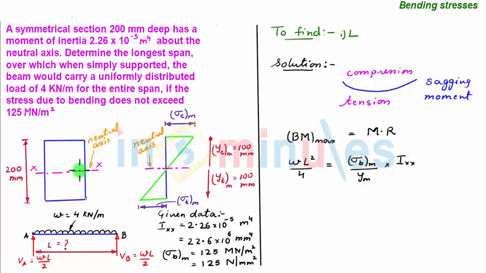This is of course for bending of the beam about the XX axis. If your bending stress maximum is sigma C max, your Y max will be yc max. If it is sigma T max, your Y max will be yt max.